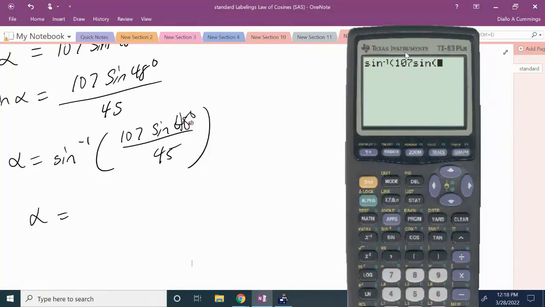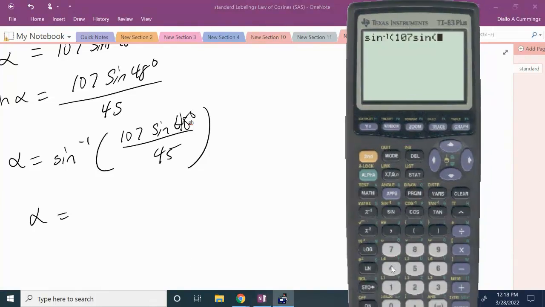Be mindful to close off the argument for sine, divided by 45, close off the argument for arc sine, and I get an error. Now, when you get an error, I don't want you to think that it's something that you put in wrong in your calculator, although it could be. Okay, this would actually be a no triangle solution.